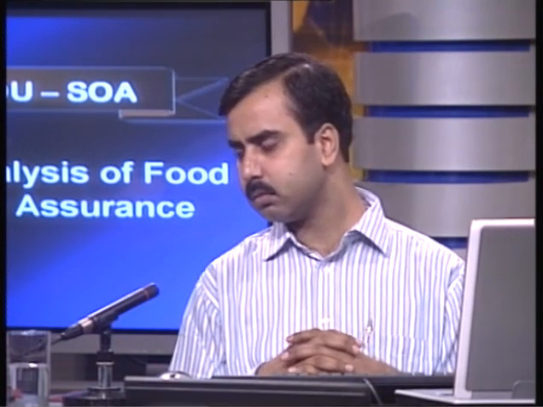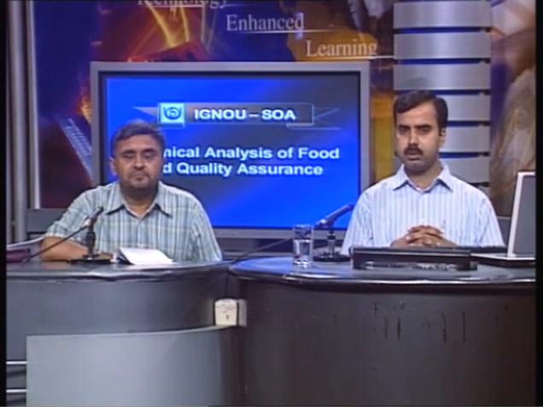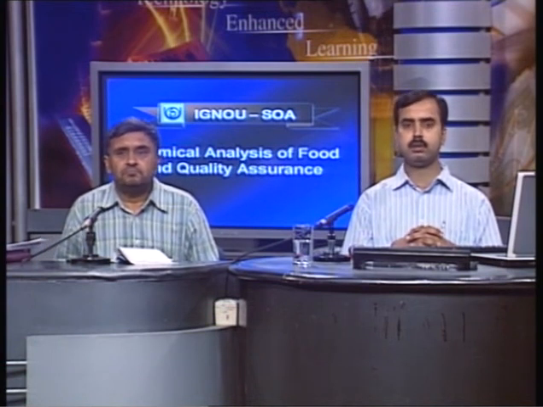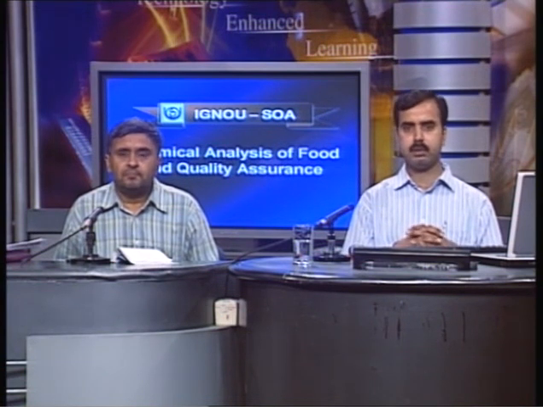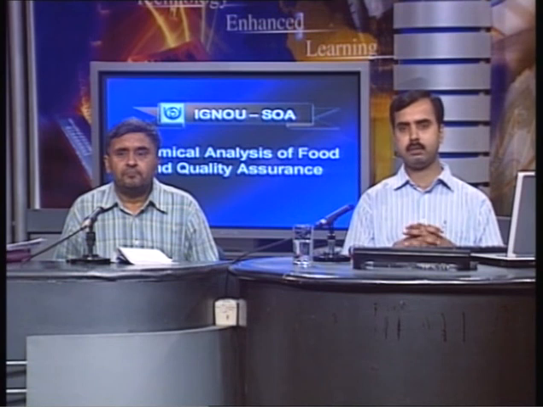What are the precautions which any chemist should take into account? The first and foremost precaution to be taken while using an HPLC system is the sample preparation. In the sample preparation, the final filtration of the sample is very important.